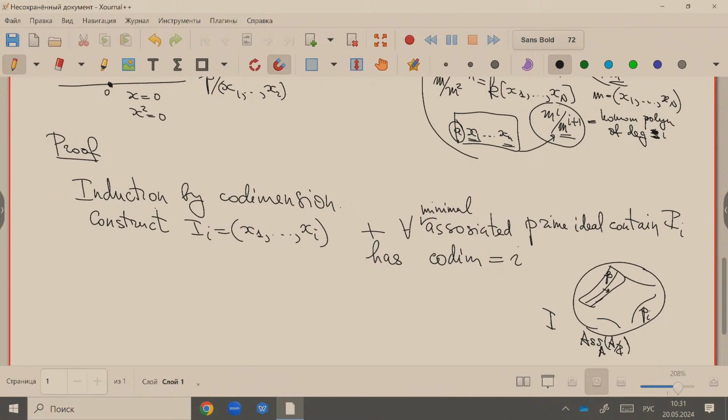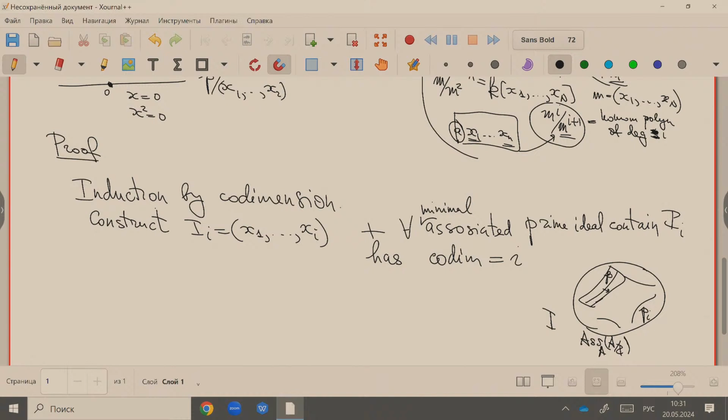But about the other components, at least they are of the same codimension, so we can control that.